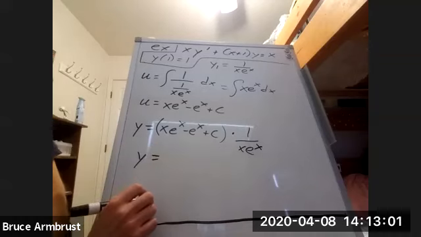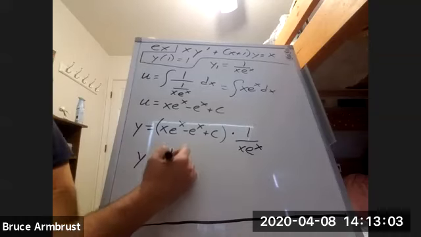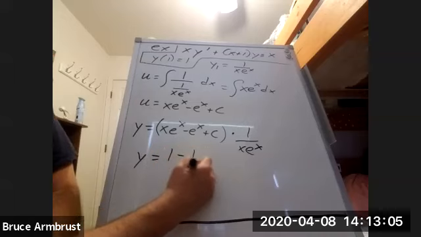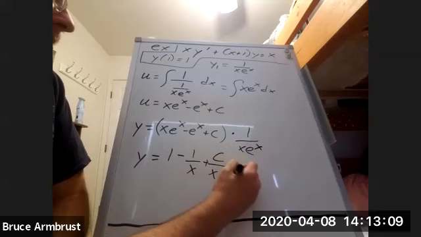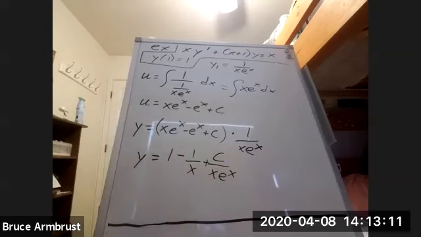And what we end up with is 1 minus 1 over x plus c over x e to the x. And so there's the list of all of the solutions. Every solution to this differential equation has this form.